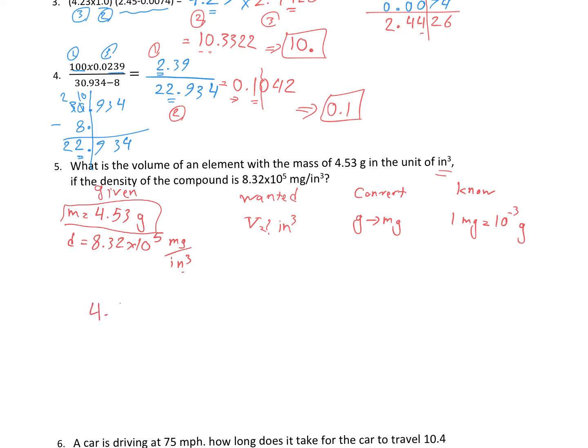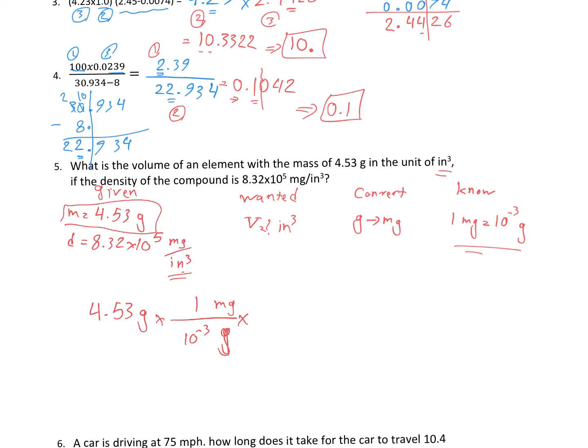So from here, I cannot use gram. I have to go to milligram, so I can use this density. So that's the first step. I have to put gram here, so I can cancel it with that one. So gram to milligram. And from our equality, I know that 10 to negative 3 gram is 1 milligram, okay?